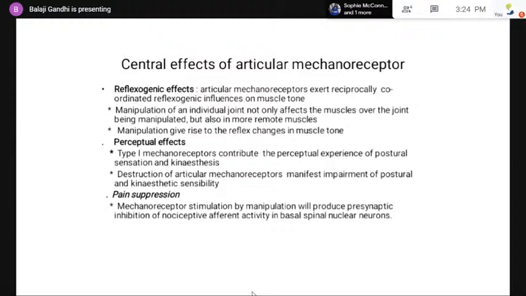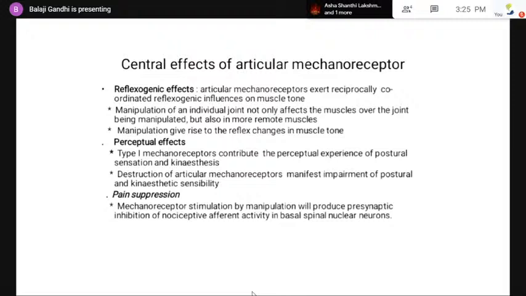And there are perceptual effects, like this type 1 mechanoreceptor. This contributes to the perceptual experience of sensation and kinesthesia. When the patient stands or moves, without seeing the joint, he can know whether the joint is in flexion or extension, whether he is standing erect or in a bent position.